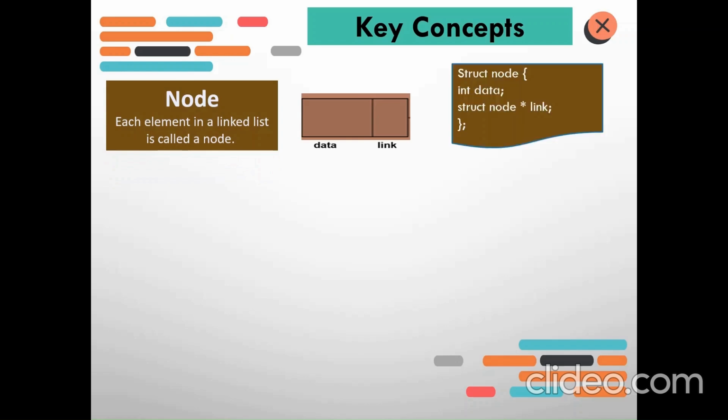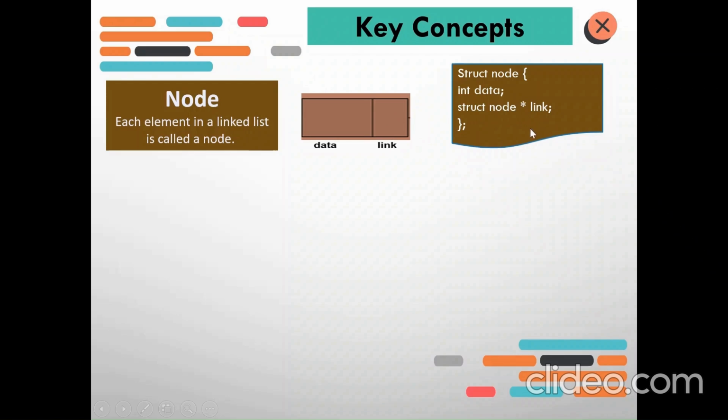So as far as the implementation is concerned, we'll be using the services of a structure variable, which is a user-defined data type, just like a class. So here the structure consists of the data part and the link part. So you can see a pointer representation or the notation here. That means that this part in the picture is basically a pointer.